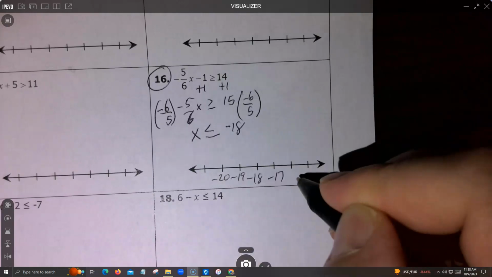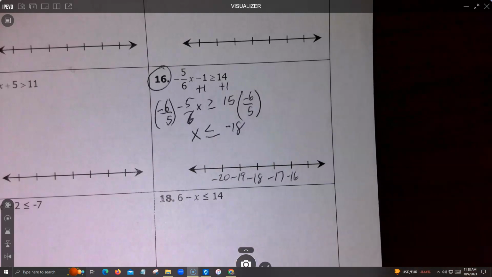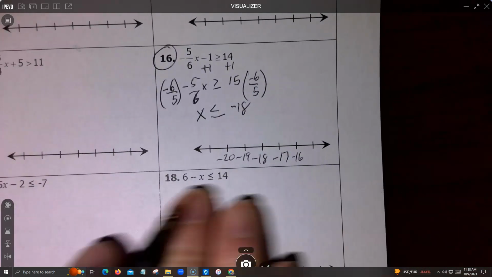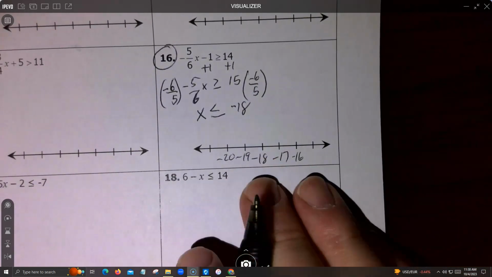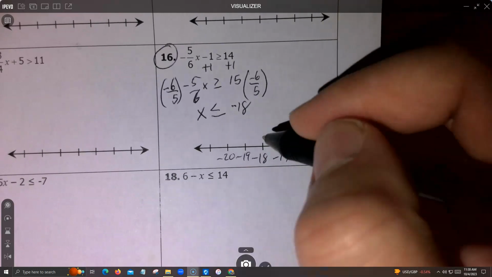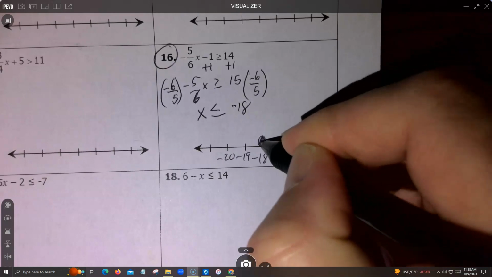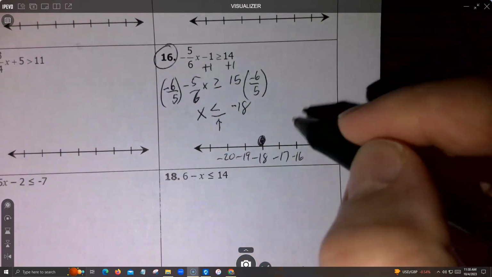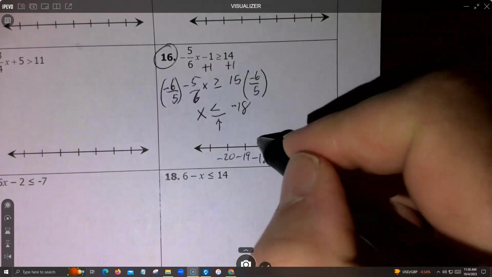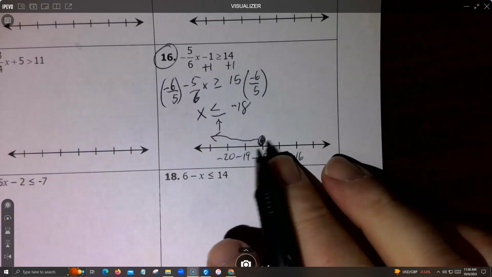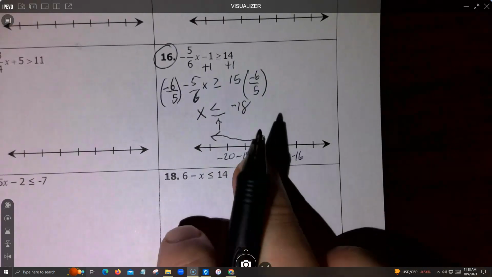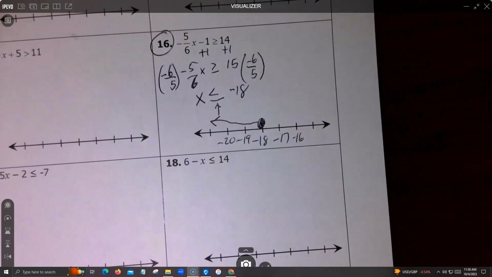Throw a bunch of numbers down here. Please make sure that when you're doing your classwork, you fill out the entire number line. I'm just trying to keep the videos as short as I can. So again, negative 18, fill in the dot because of the equal to. And then it's less than, so less than goes to the left, greater than goes to the right. So less is left.